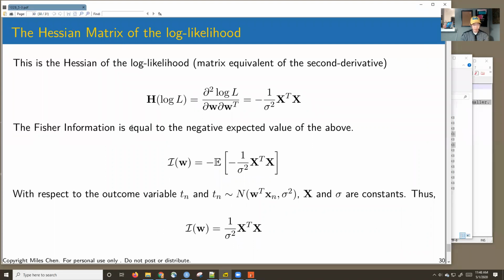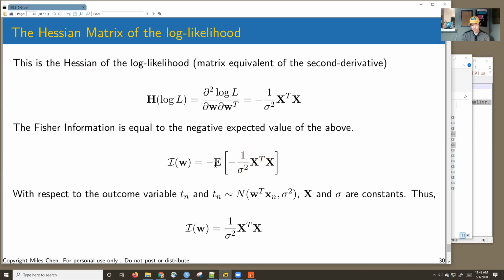So the Fisher information is equal to the negative expected value of the Hessian matrix of the log likelihood. Here the Hessian is this. Remember, we're taking the expected value with respect to the outcome variable t, and with respect to t this is just a constant.